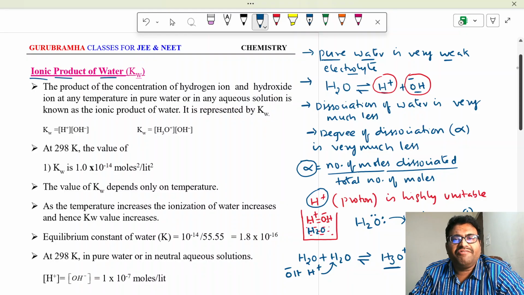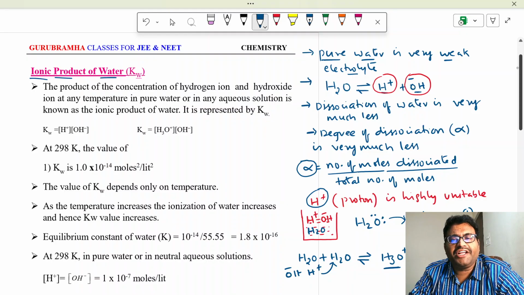Because when it is a weak electrolyte, there will be an equilibrium existing between the dissociated ions and the undissociated molecule. That means both forward and backward reactions occur. So whenever it is a weak electrolyte, we must mention the forward and backward arrows, so that we come to know that this is a weak electrolyte.